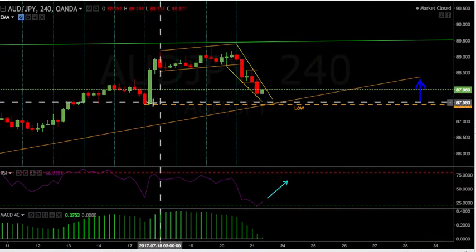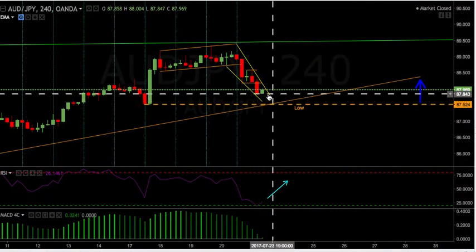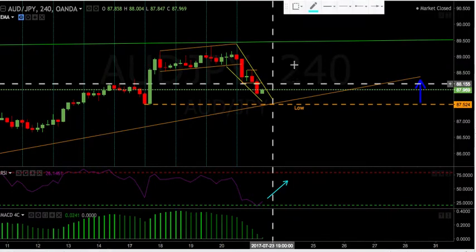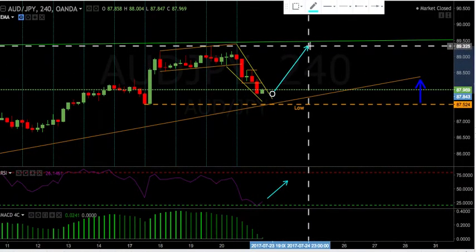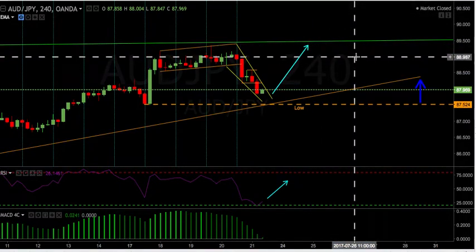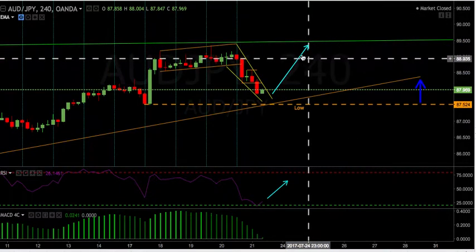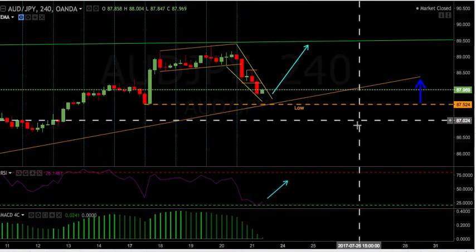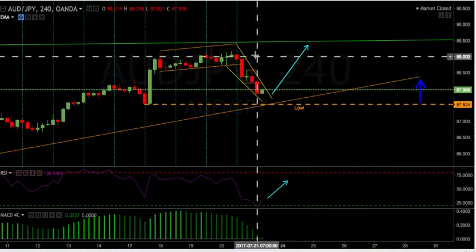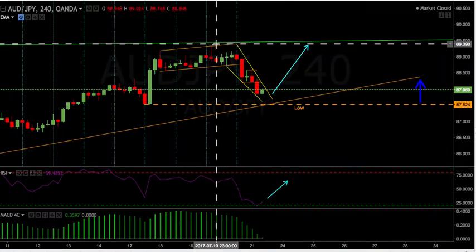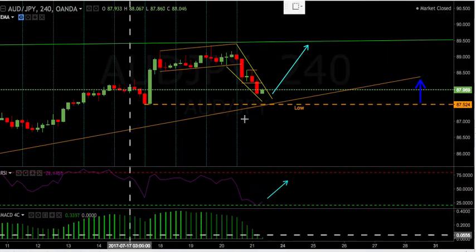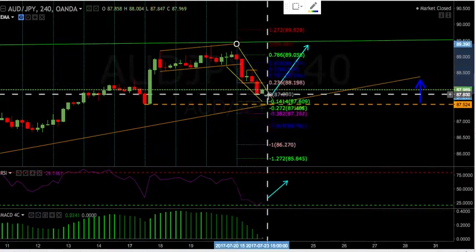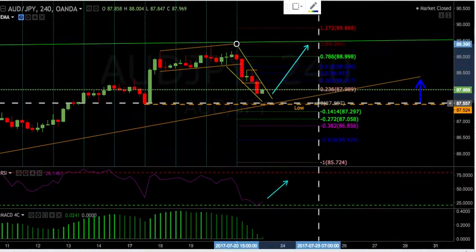We just need to know that it is coming to an area where it should bounce. It is oversold, and we're looking for a bullish movement this week. And remember, on your retest, it does not have to go all the way back to the top. That's when you start using your fibs to see where price should turn around.